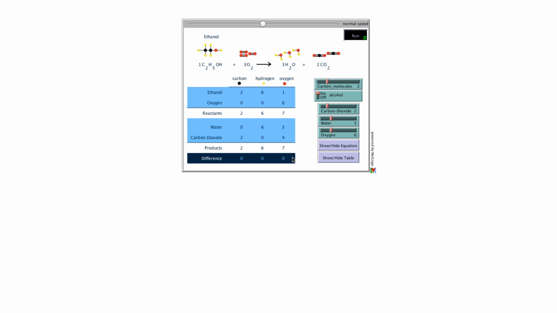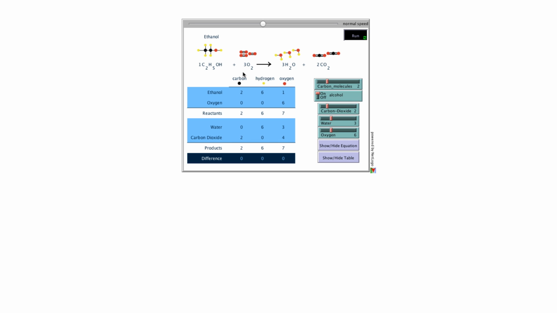What the equation says is that the oxidation of 1 molecule of ethanol requires 3 molecules of oxygen and will result in the production of 3 molecules of water and 2 molecules of carbon dioxide. In this case, the balanced equation has 3 complete oxygen molecules.